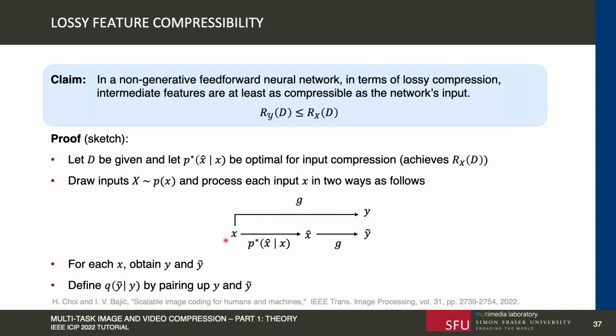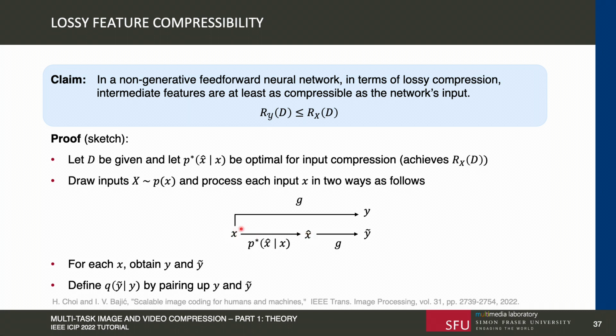And the other way in which we process the data is we quantize it first using the optimal quantizer P star to obtain x hat, and then pass x hat through that same portion of the network to create the other set of features y tilde. So y and y tilde are different because they're produced by different inputs to the network. One is uncompressed, the other one is compressed.